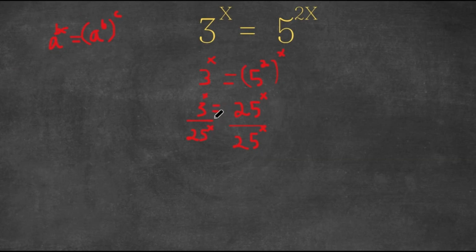So now we have 3 to the power of x over 25 to the power of x equals 25 to the power of x over 25 to the power of x. And remember, anything divided by itself equals 1. So these two cancel out, and this just equals 1.